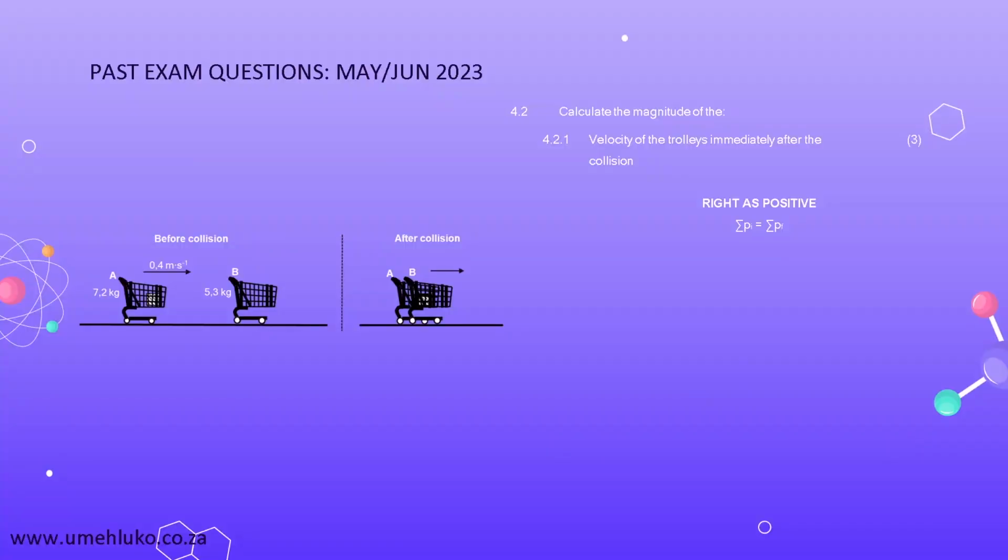All right, so what will happen is this. Before collision and after collision, momentum is conserved. In other words, the total momentum before collision is equal to the total momentum after collision. So what does it mean? If I take M1, I will use A and B in this case because A is trolley 1, B is trolley 2.